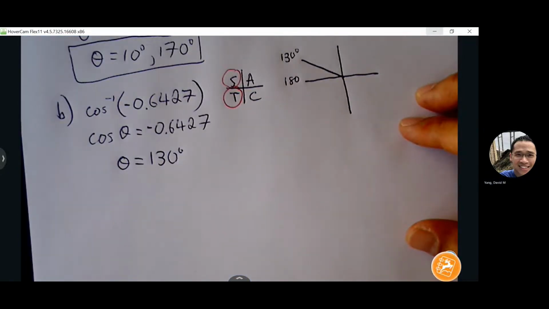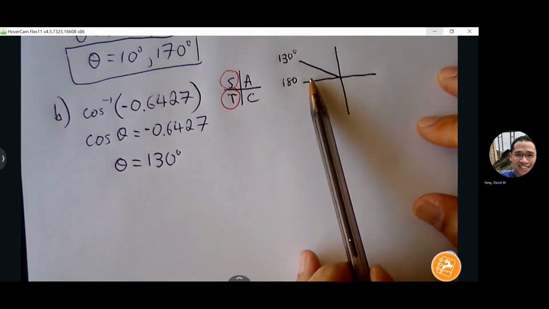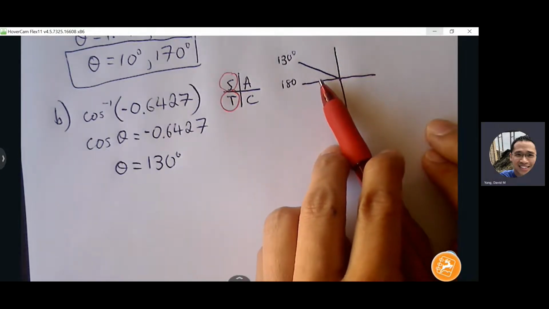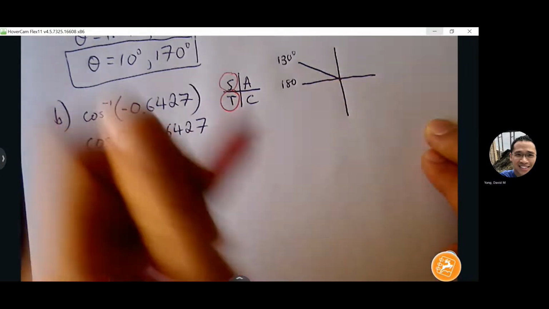Okay. What is the reference angle for 130 degrees? What's that degree difference to the closest x-axis?